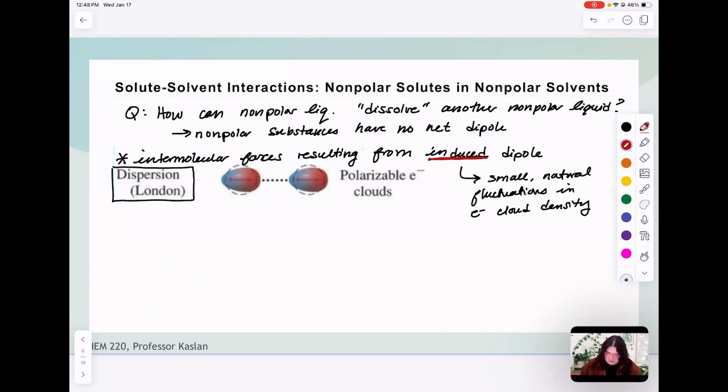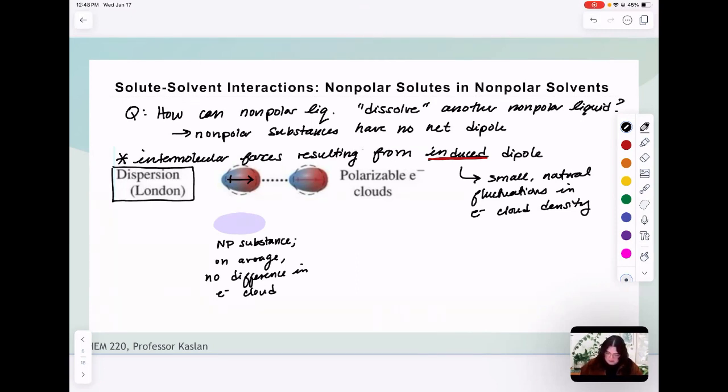So let's look at these dipoles that they've drawn here. Normally these substances would have an electron distribution perfectly even across the molecule. If this is a nonpolar substance, then on average, there's going to be no discrepancy in the electron cloud density.